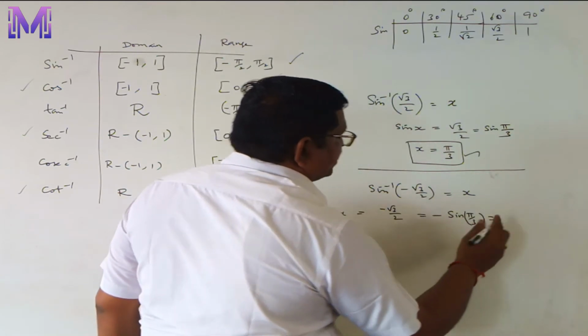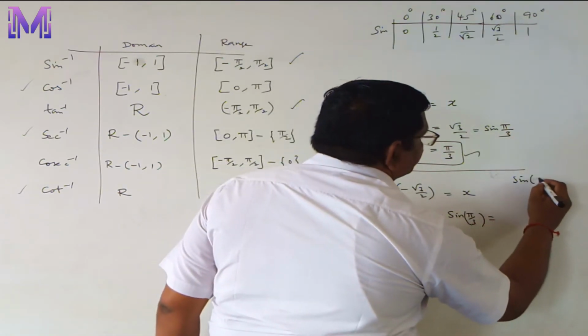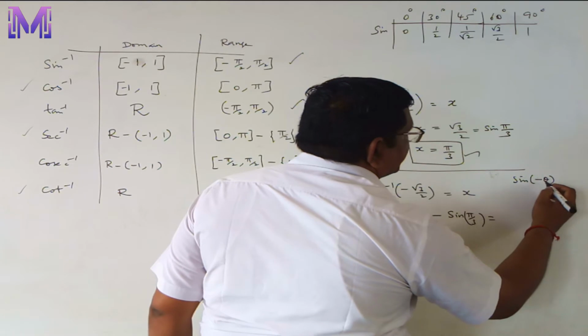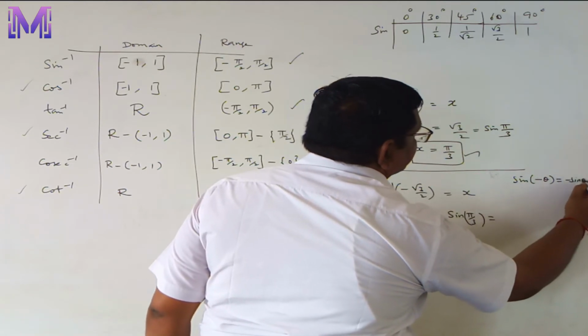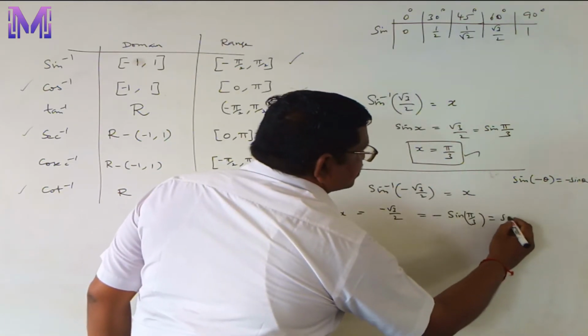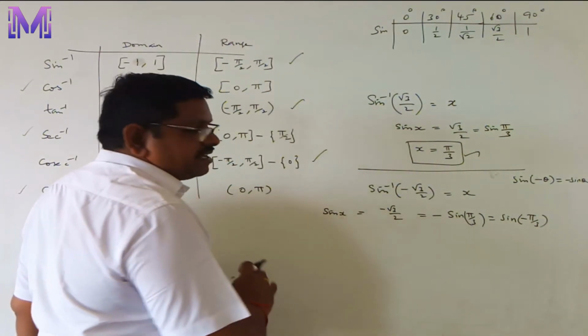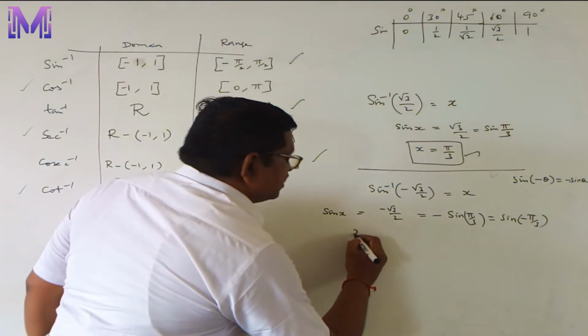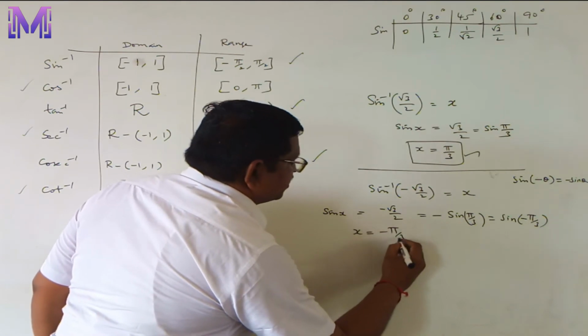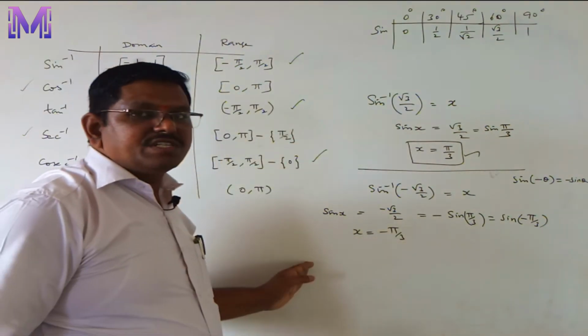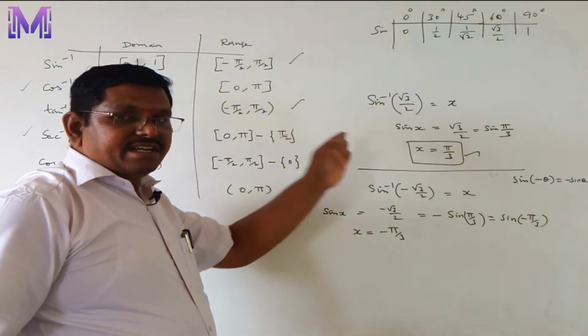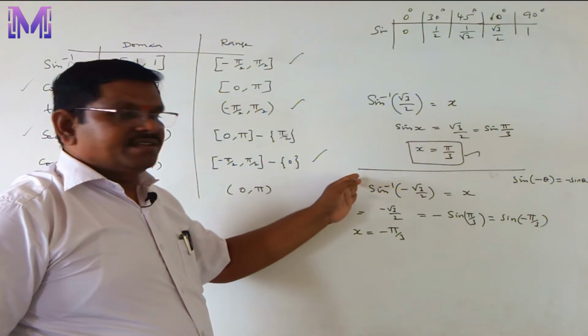This minus can be taken inside, as I told you in the previous module, since sine of minus theta is equal to minus sine theta. So we can write this as sine of minus pi by 3. We can cancel sine on both sides and get x equal to minus pi by 3. In this way, you will find the principal values for sine inverse, tan inverse and cosecant inverse.